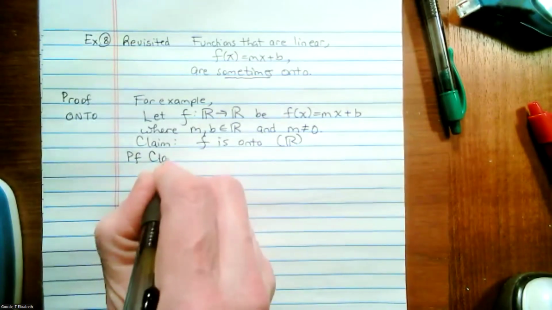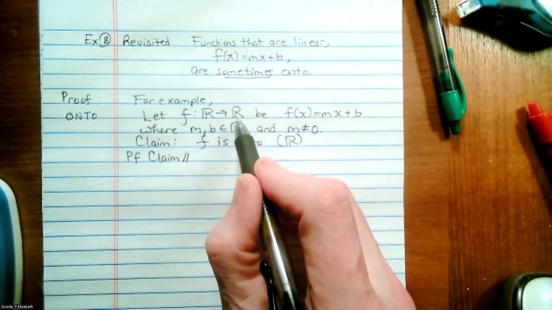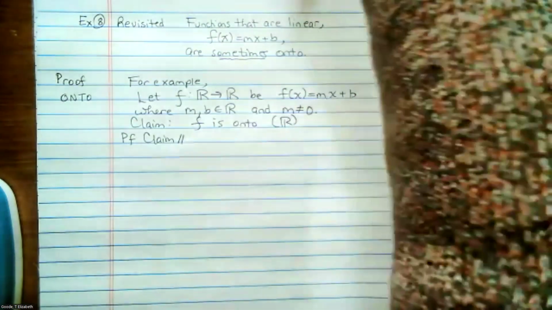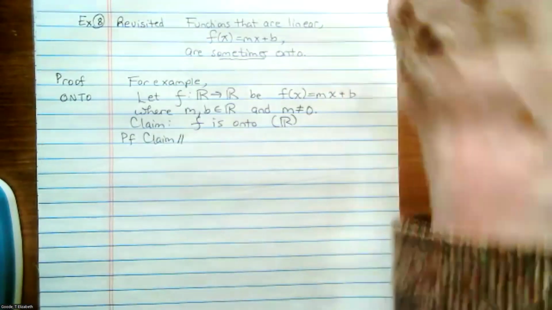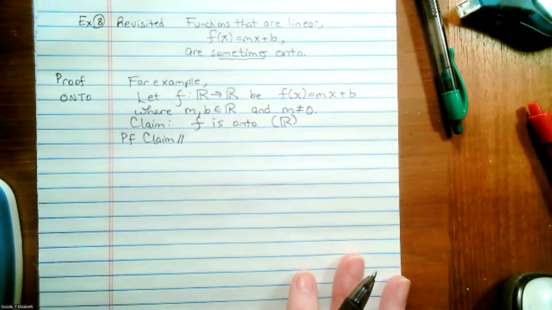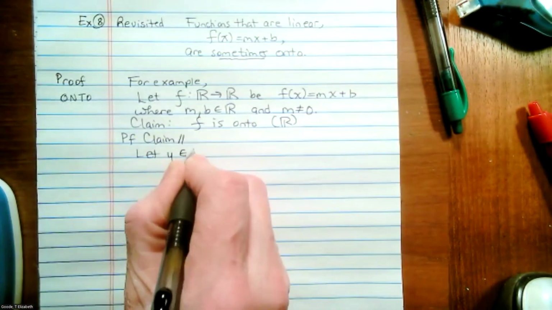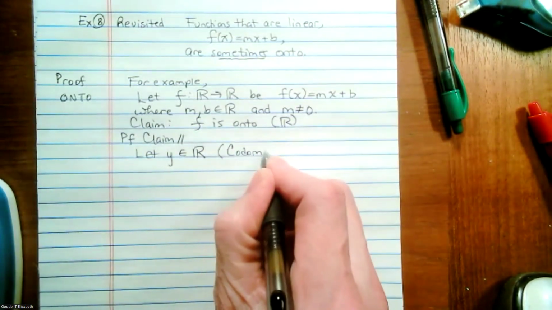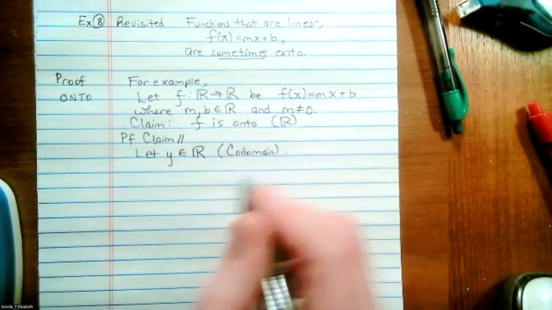So the proof of the claim goes like this. We want to show every y in the codomain, which is the reals, gets hit by an arrow. In other words, is the image of some domain value. So let y be an element of the reals where we're thinking about the codomain, this copy of R. What do we wish to show?